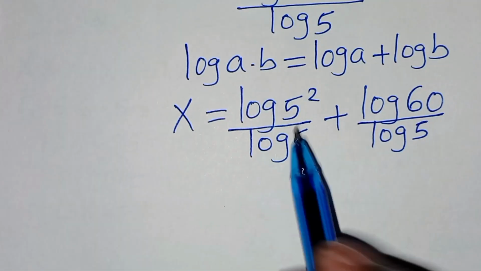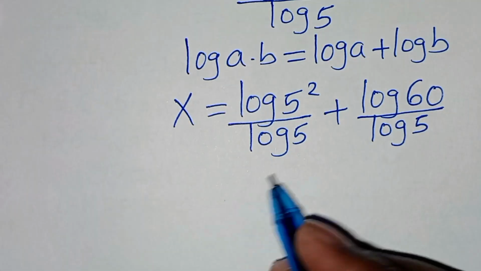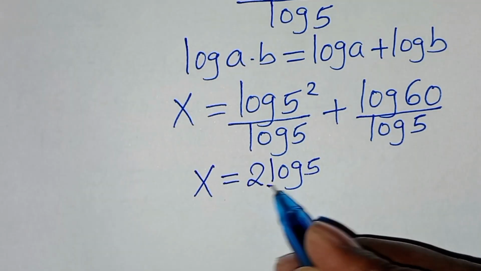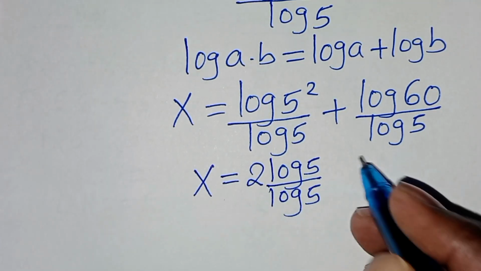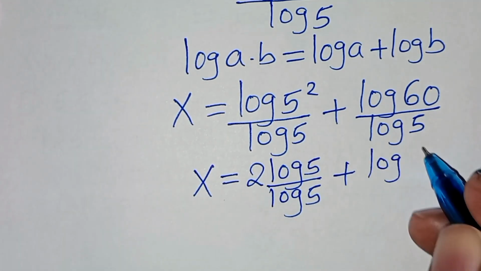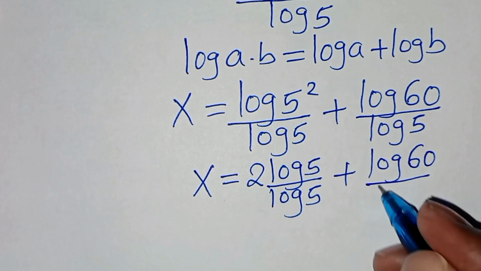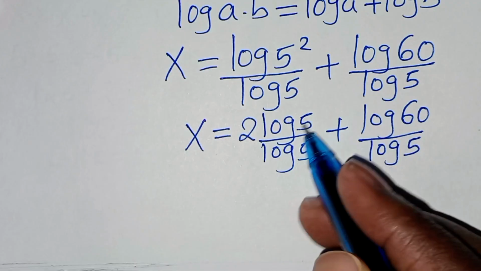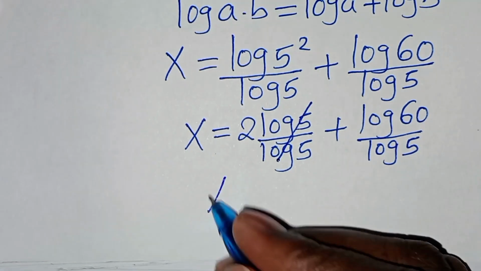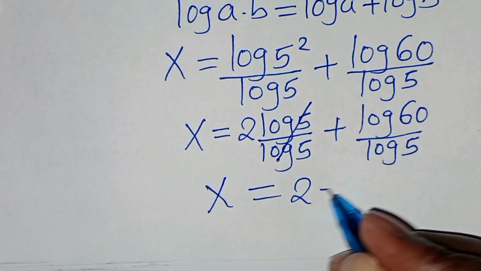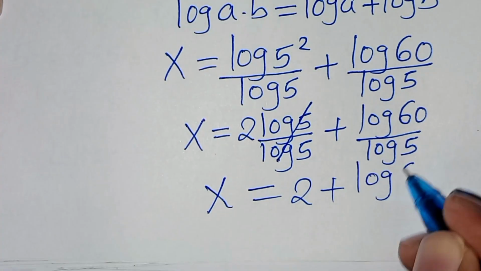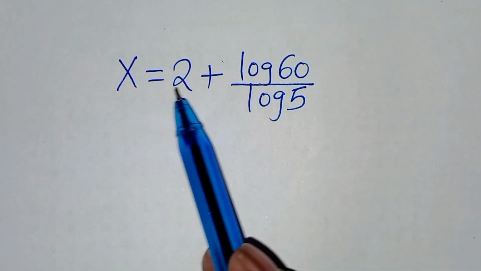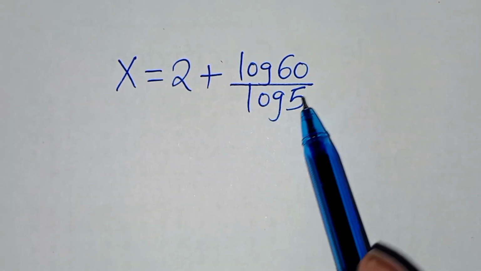Applying the power rule, log 5 to the power 2 becomes 2 log 5 divided by log 5, plus log 60 divided by log 5. Log 5 and log 5 simplify, so that x is equal to 2 plus log 60 divided by log 5.